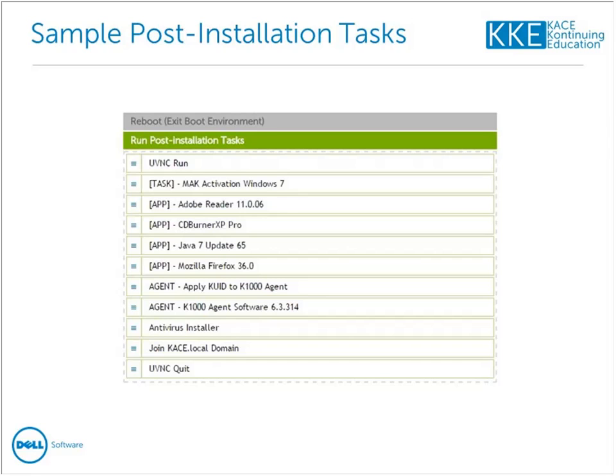And then the join domain is the last item that you want outside of the UVNC quit. What's going to happen is after the join domain is complete, UVNC cleans itself up. The K2 is then once again going to restart your computer and clean up after itself.